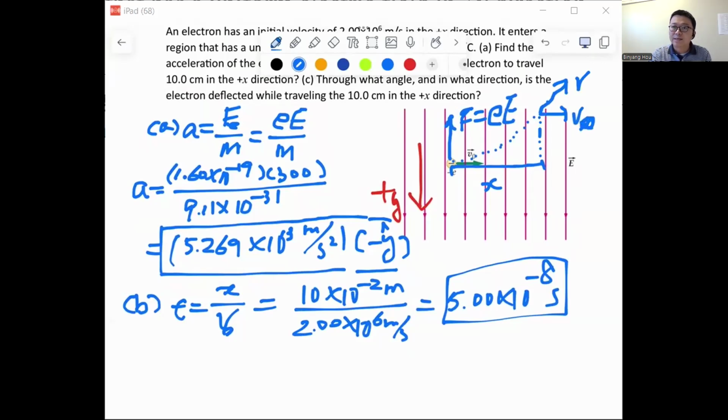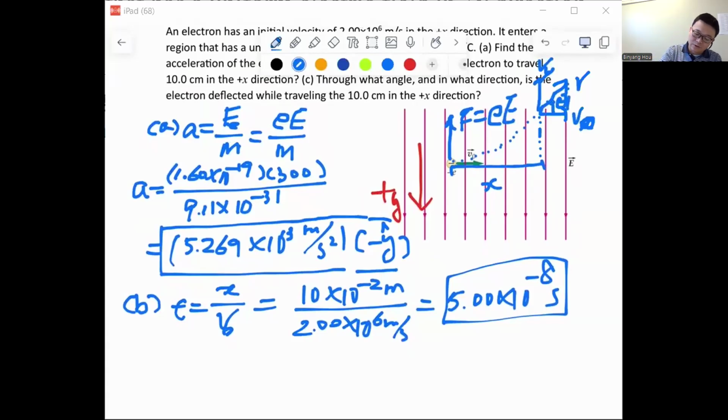In the y direction, there's V of y. We got the acceleration in part A, and that is indeed the acceleration in the y direction, because the acceleration is only in the negative y direction. So we can find V of y, and then the angle theta can be calculated. It will be the y component over the x component of velocity, right?